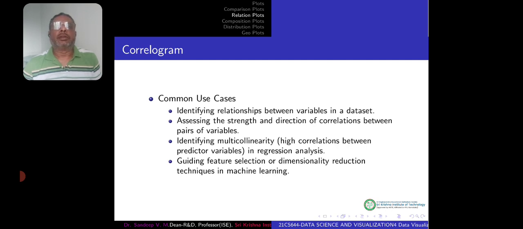So we can avoid additional features which convey the same meaning, and hence we can simplify our data set and reduce the dimensionality, and through this machine learning becomes easier because it speeds up our learning and needs minimum space. So that's about a correlogram.